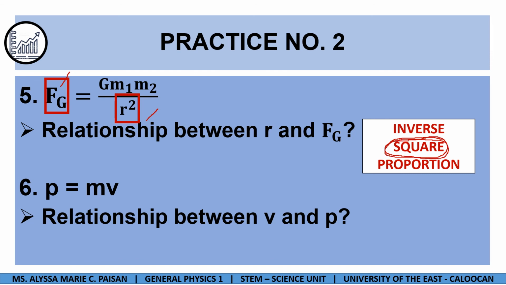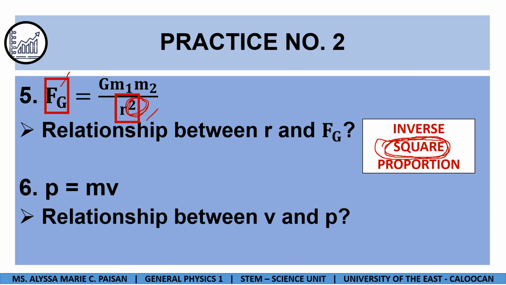The square is determined by this square that comes together with the other variable. So if there's no square there, the relationship is just inverse proportion. But since there is a square there, together with the r, it means that the relationship is not simply inverse, but inverse square proportion. Okay?